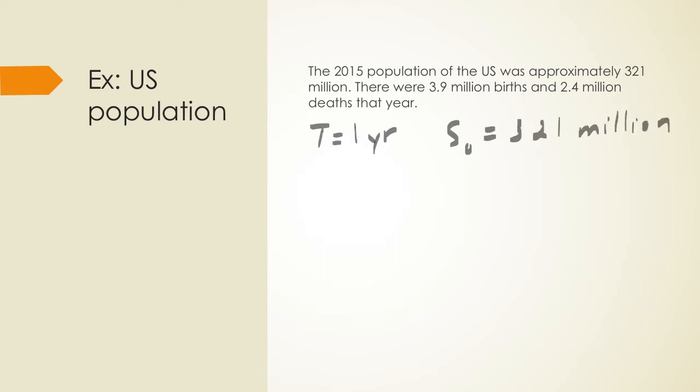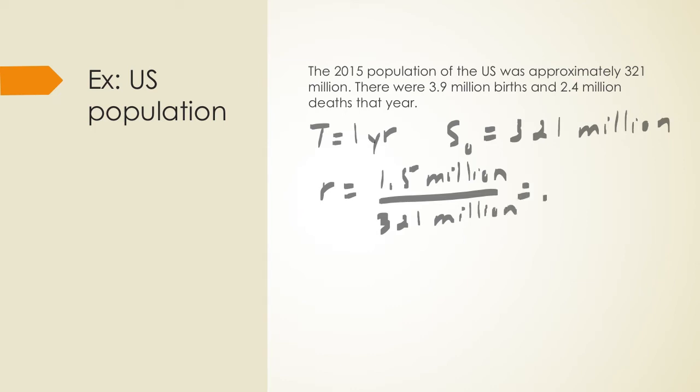The rate constant is the percentage change over one time step. Here, we can combine the inflow from births and the outflow from deaths to get an overall yearly change of 1.5 million people. As a percentage of the total population, computing 1.5 million over 321 million, we get 0.0047, or 0.47%.